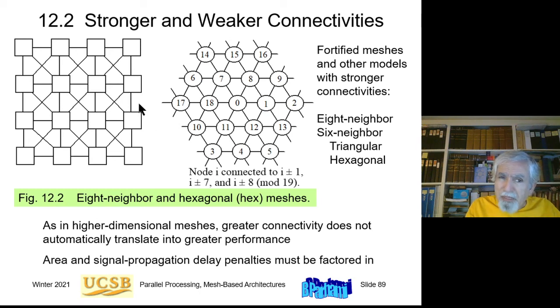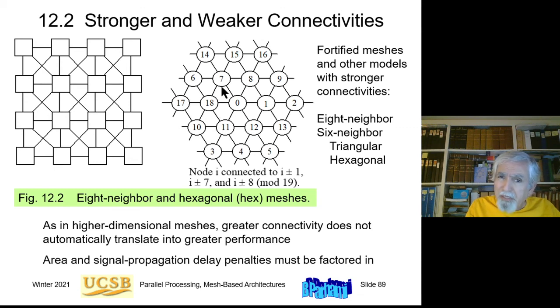Again, experience shows that this additional connectivity, now notice that each processor has 8 channels, therefore with the same number of wires, the width of these channels will be half that of a regular 2D mesh.